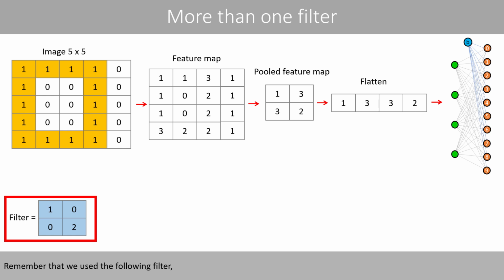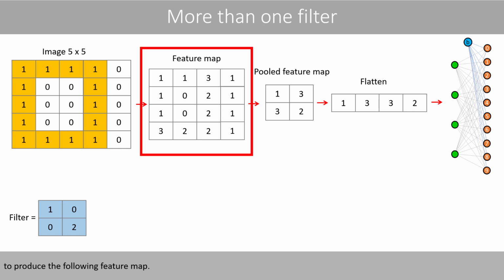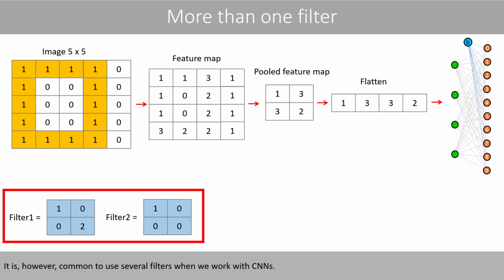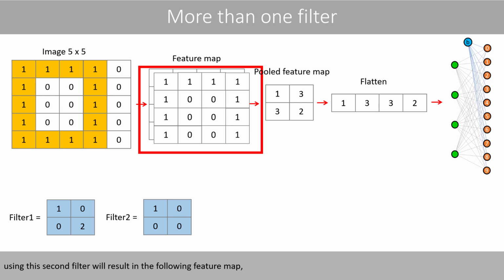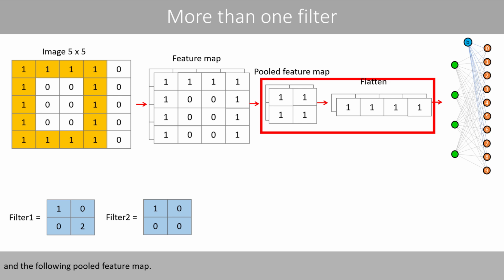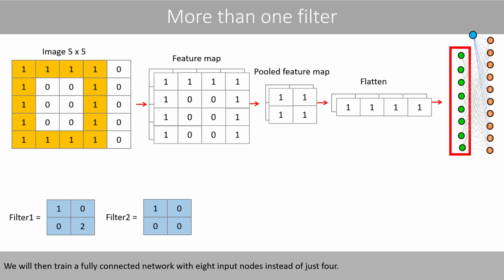Remember that we use the following filter to produce the following feature map. It is, however, common to use several filters when we work with CNNs. Suppose that we would also use a second filter. Using this second filter will result in the following feature map and the following pooled feature map. We will then train a fully connected network with 8 input nodes instead of just 4.